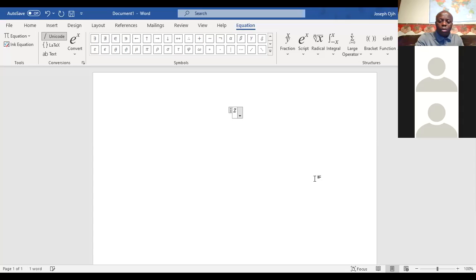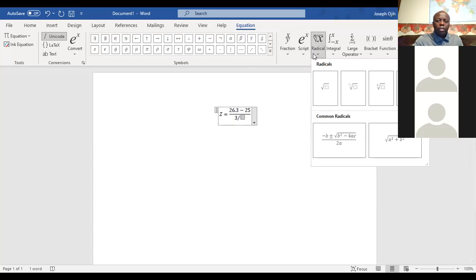Z equals 26.3 minus 25, divided by the standard deviation of 3, divided by the square root of 20.